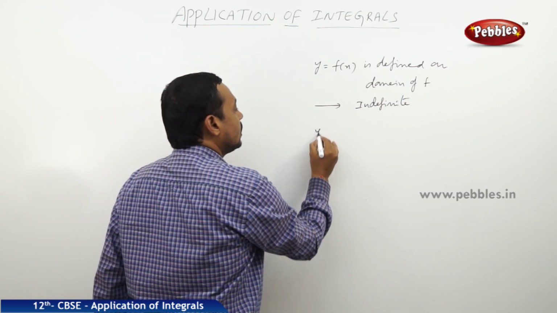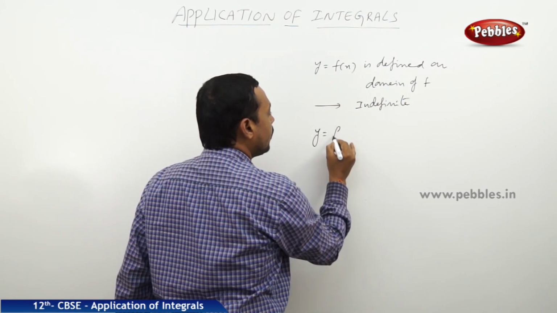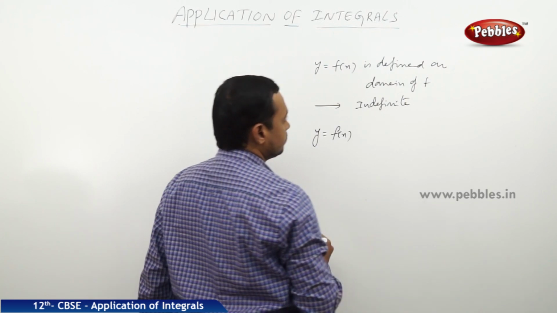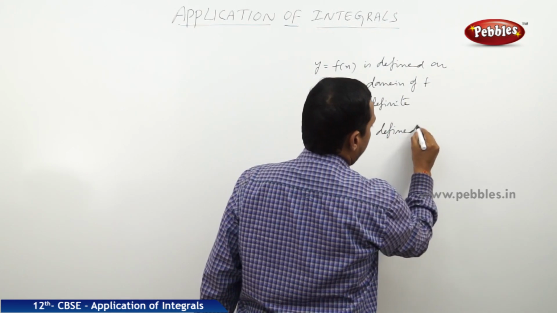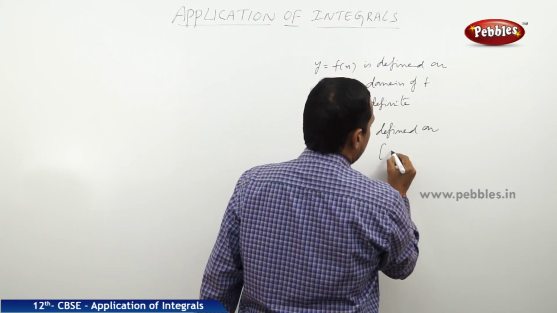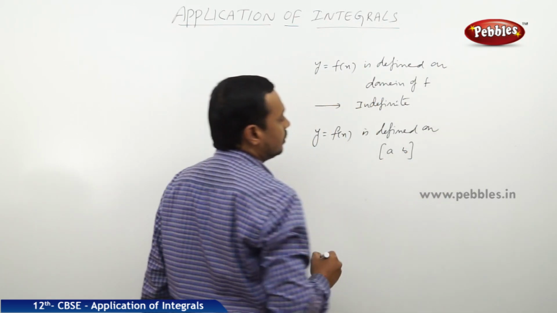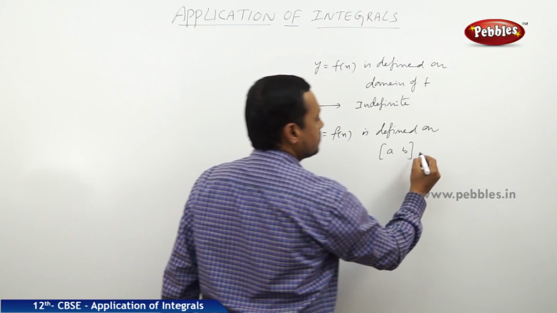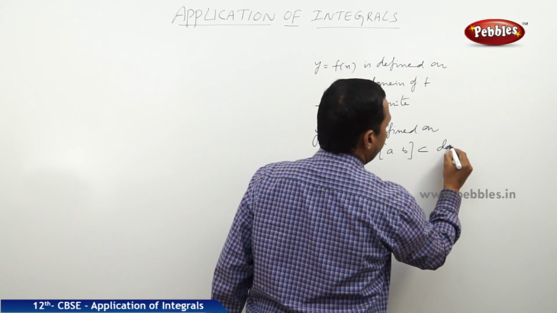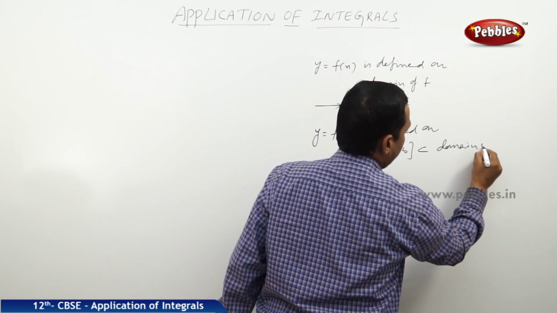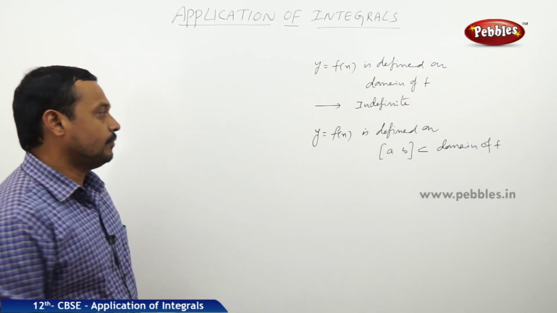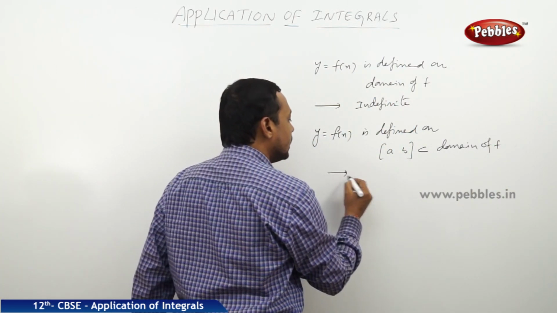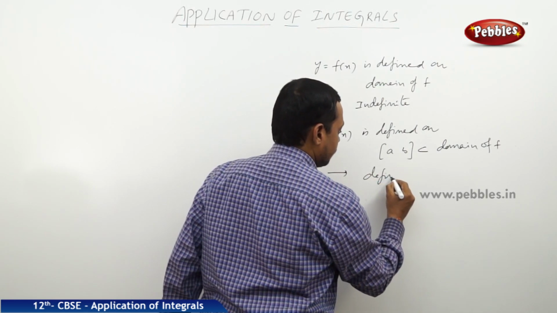Suppose the integration of f of x is defined on an interval a to b, which is a subset of the domain of f, then it is called definite integration.